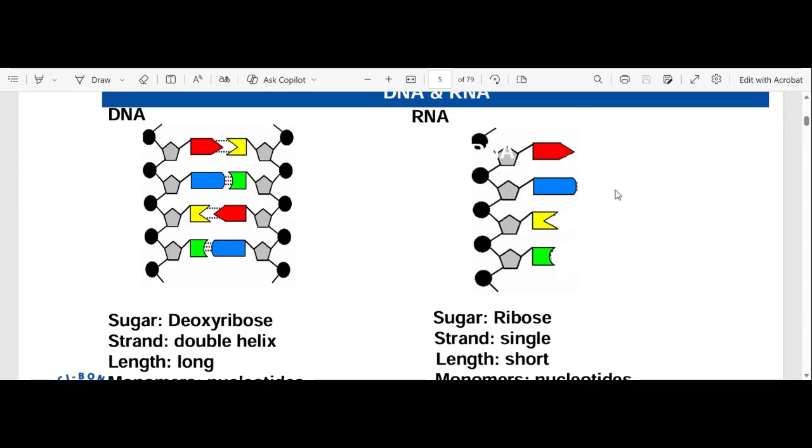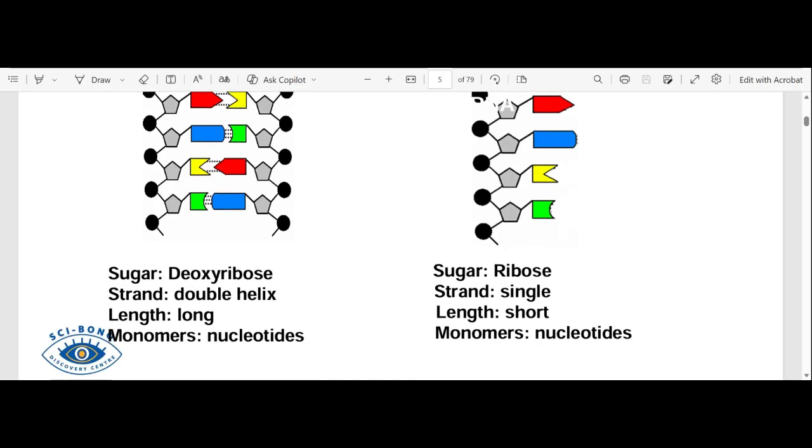Another structural difference is that one of the monomers is different. When it comes to DNA, we have deoxyribose sugar, but when you go to RNA, you have ribose sugar. I hope it does make sense.